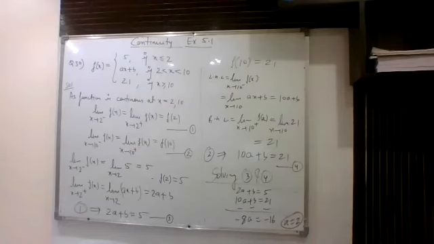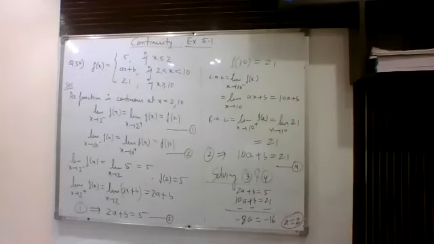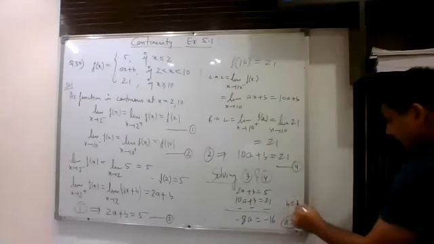So after calculation, your a is coming out to be 2. Substitute this a over here and get the value of b. When you do the calculation, you can see that your b is coming out to be 1.